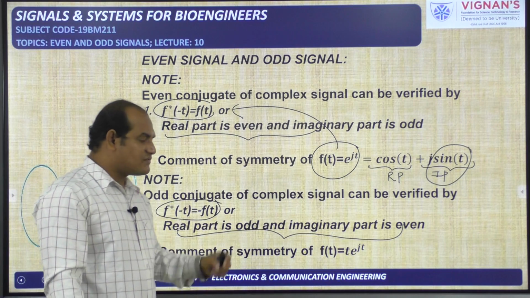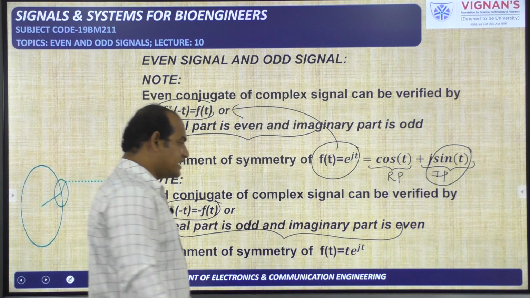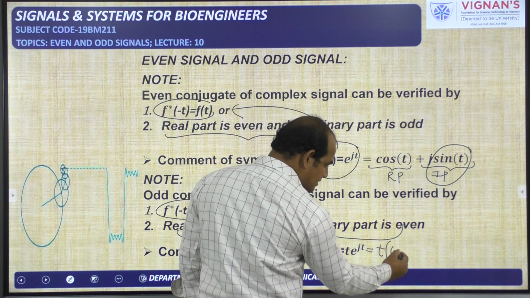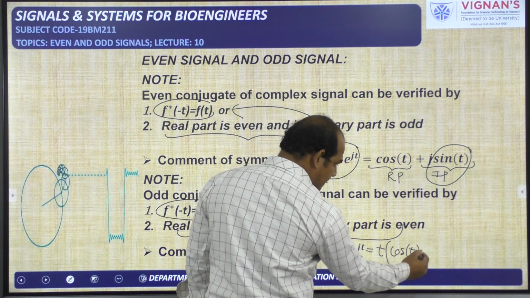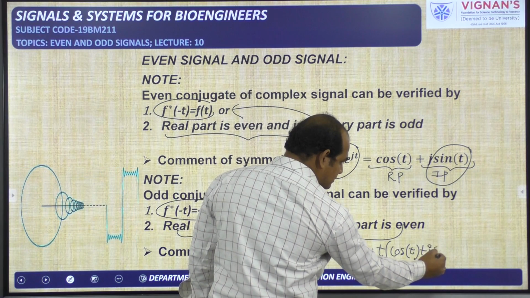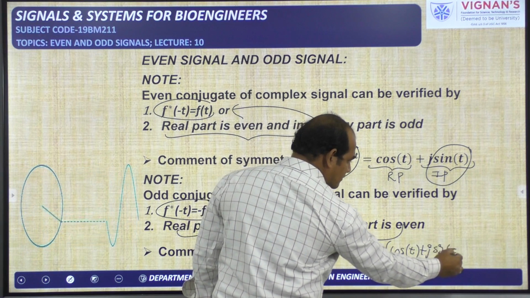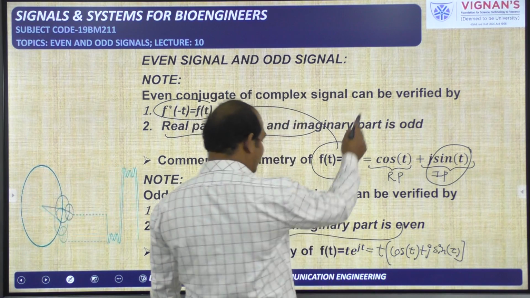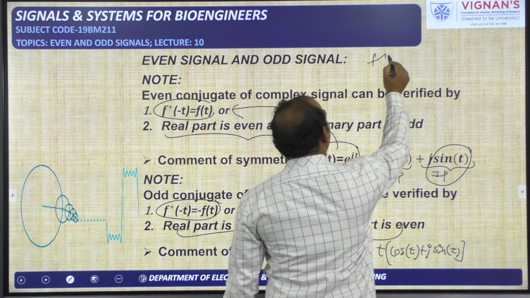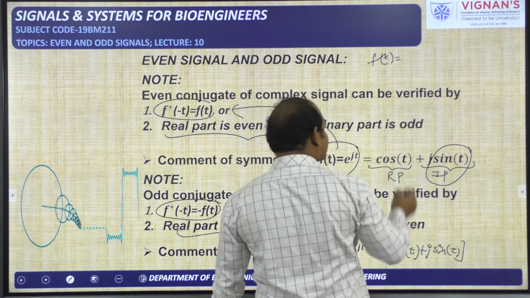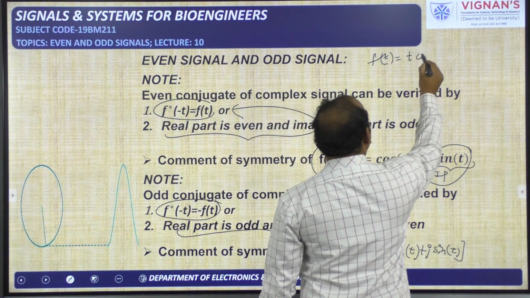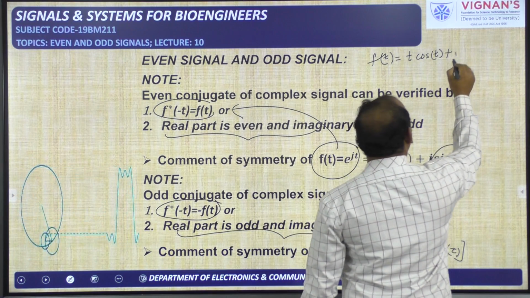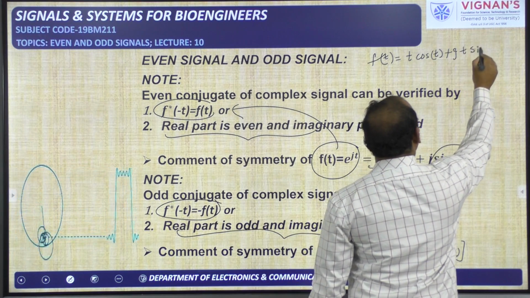Comment on the symmetry of f of t equals t into e power jt. This can be written as t into e power jt, meaning cos t plus j sin t. If you multiply this t inside, you will get t cos t plus j t sin t.